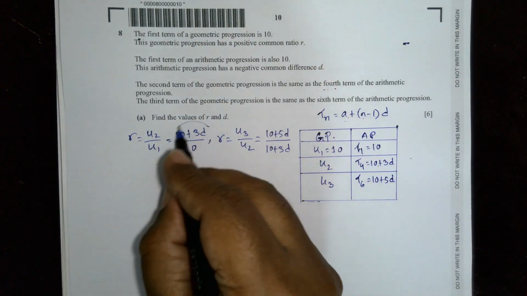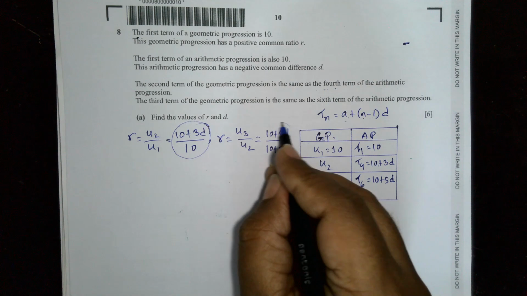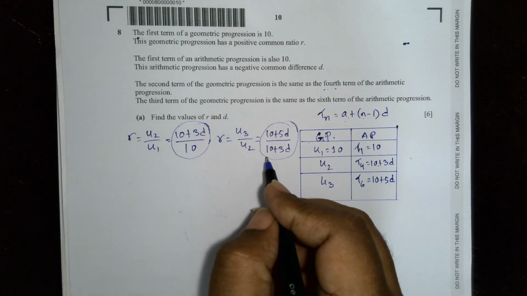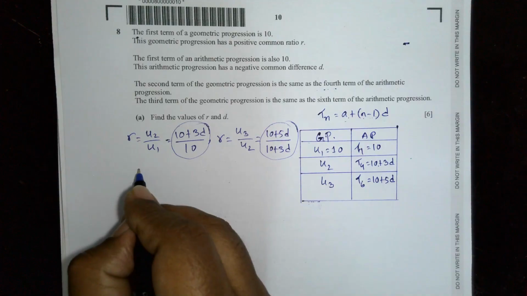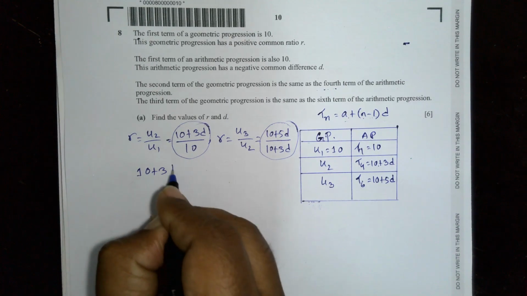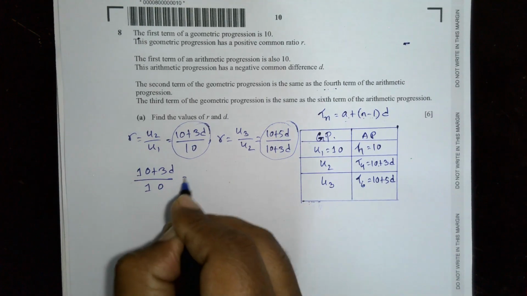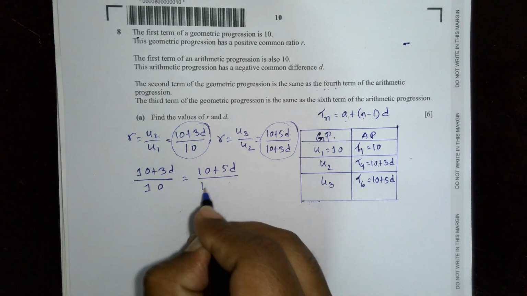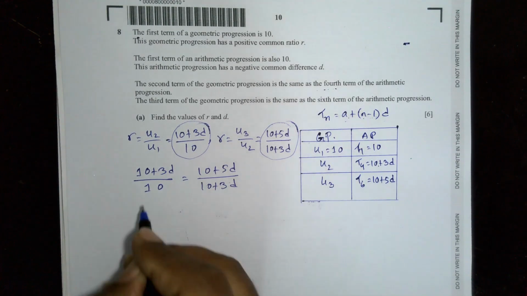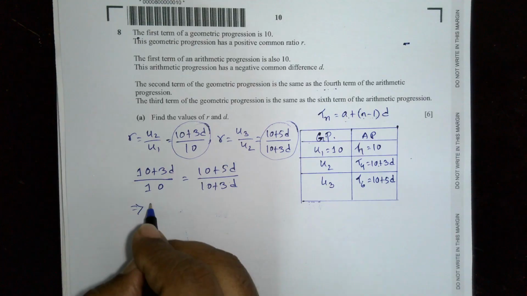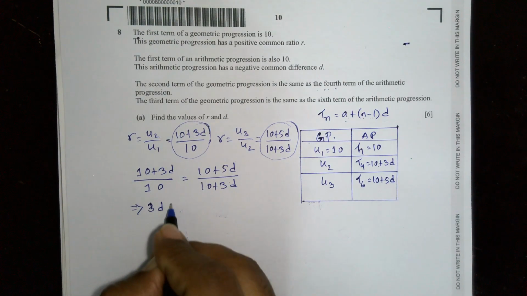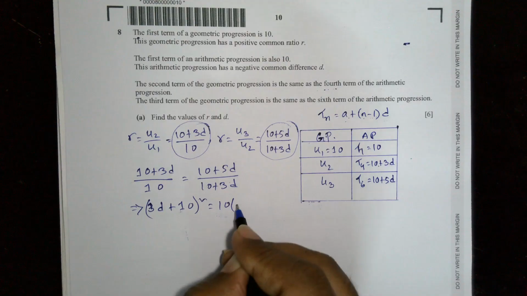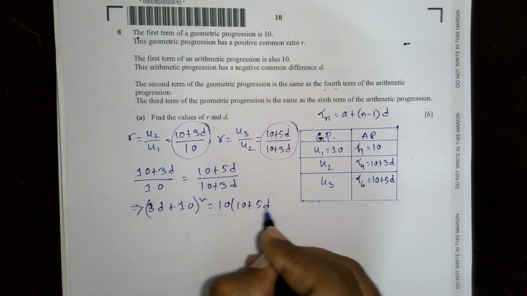So this is r, and this is also r, so I can equate them. Therefore, I can write (10 plus 3d) divided by 10 equals (10 plus 5d) divided by (10 plus 3d). If we rearrange the equation, we can write (3d plus 10) whole squared is equal to 10 times (10 plus 5d).